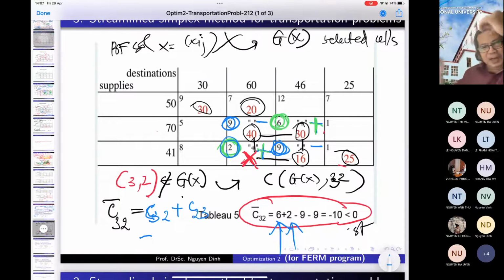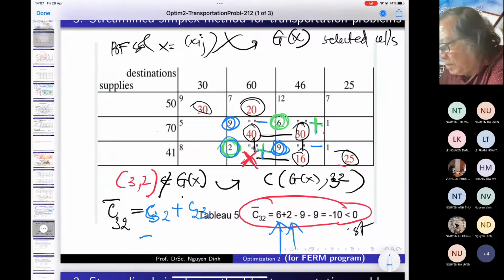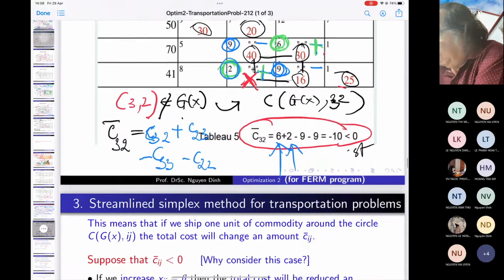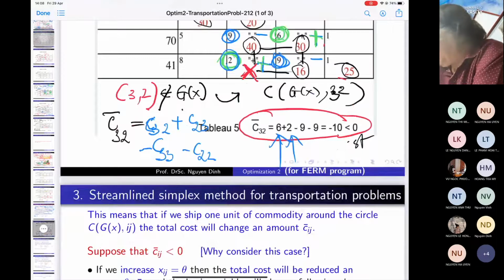That means minus the costs in the minus cells, so minus C 3, 3 minus C 2, 2. In general, you have C like this.